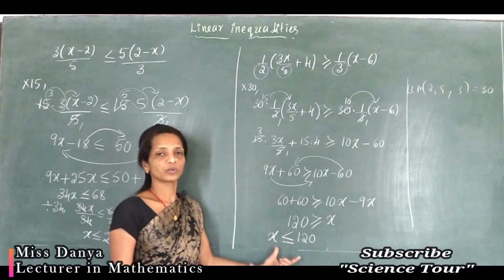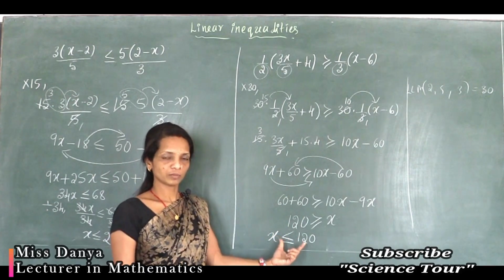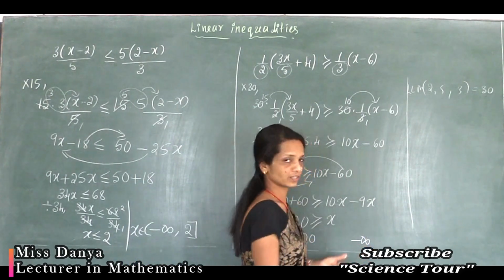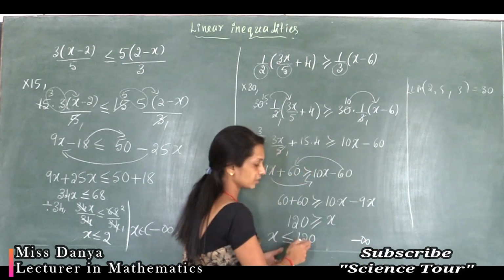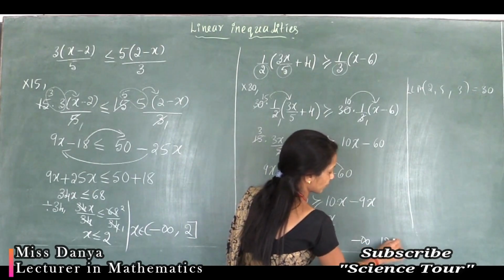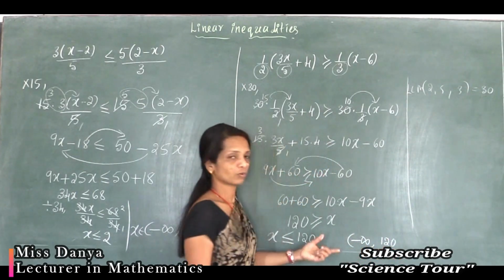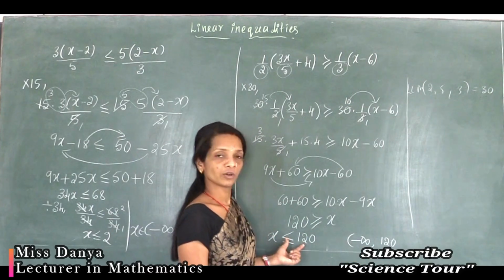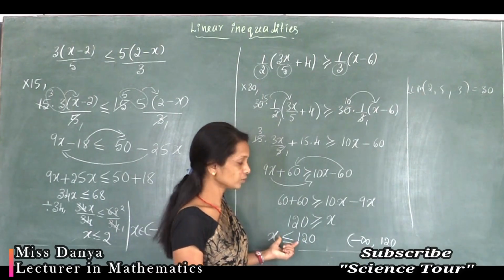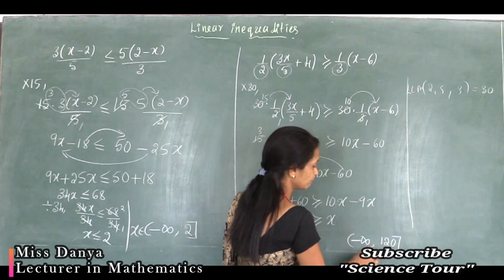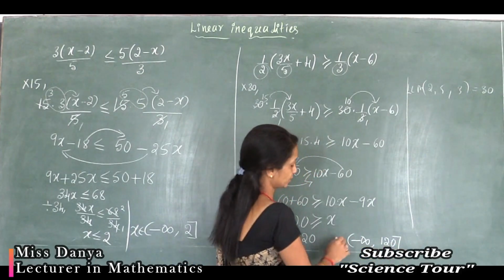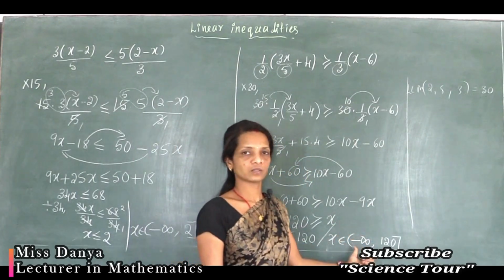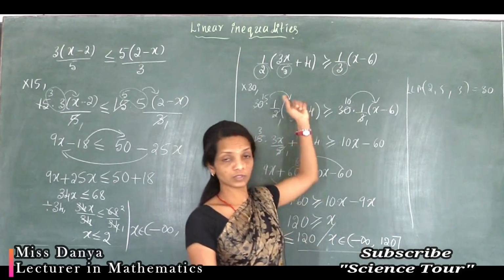If you have x less than or equal to something, then in the interval the first number is minus infinity and the second number is this one only, 120. On the minus infinity side always an open bracket, and you write a comma in between, and on the 120 side which bracket do you use? You use a closed bracket. Why? Because you have a slack inequality. And at the end you write x belongs to this interval. This will be the solution of this inequality.